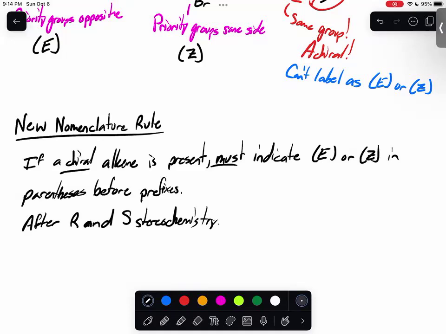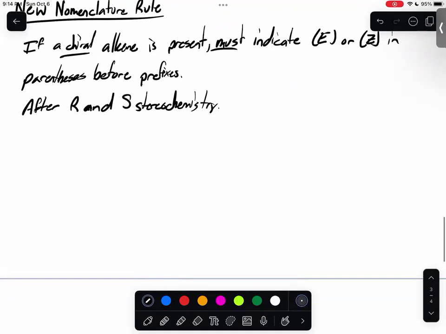Let's say we were given a molecule that looks like this. All right. For this one, we have both stereochemistry and we have an alkene. So we need to figure out exactly what's going on here. Still, the rules follow where we have to figure out first what is the longest chain.